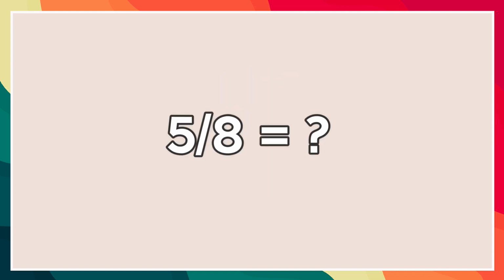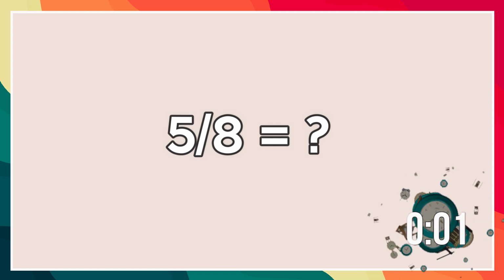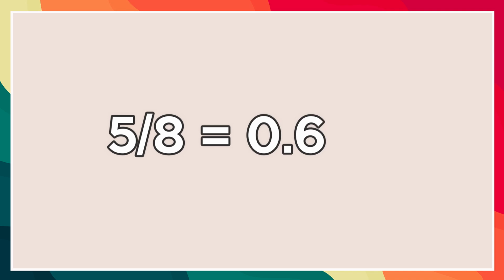Number 3, 5/8. What is the equivalent of 5/8 in decimal? Very good. The answer is 0.625. You just divide 5 by 8 to get the correct answer.